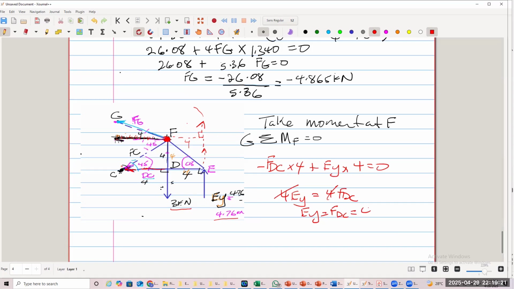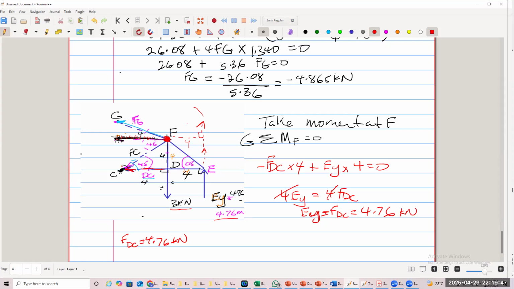So it's the same value, 4.76. So you see that EY is equal to DC, same value. So we are saying that FDC is equal to 4.76 kilonewtons. Right? So that's one thing that we know from it.